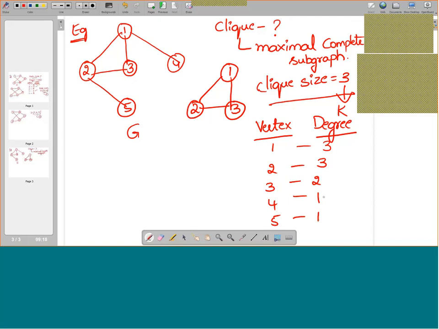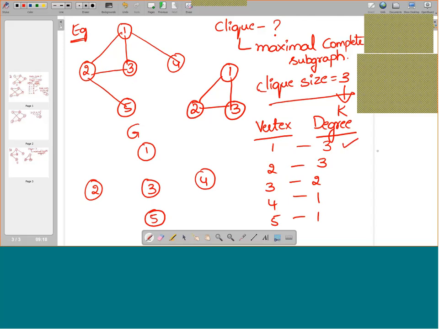So if we find the cover size for this graph, what will be the cover size? Which vertex has the highest degree? 1, 2. So first we will take 1.